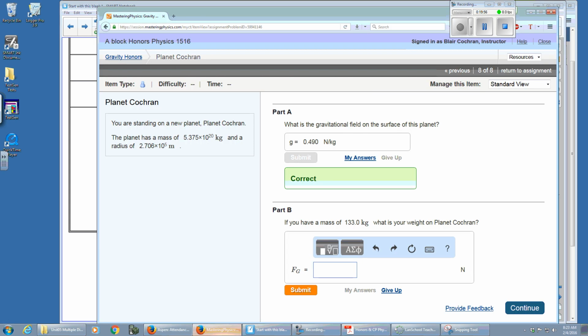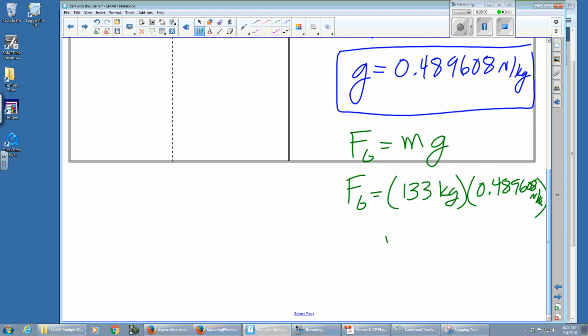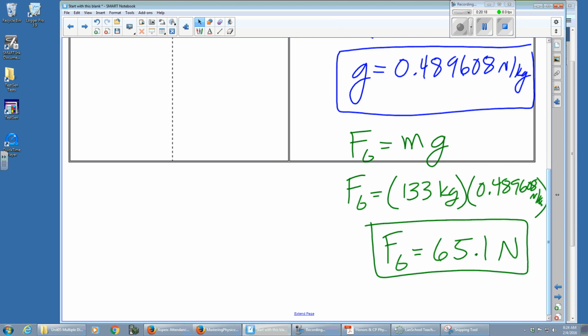That's right? 133, yep. And that will be the weight that I figure out. For me, 65.1 newtons. See if I got it right.